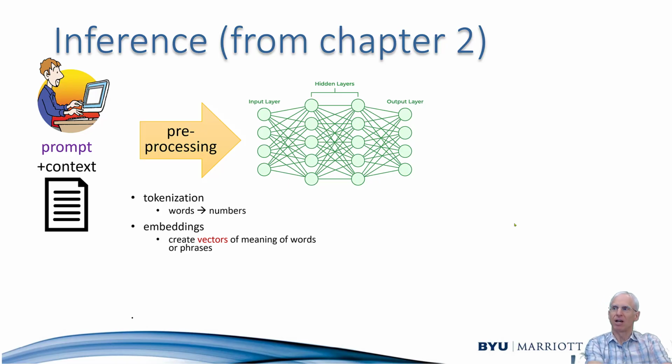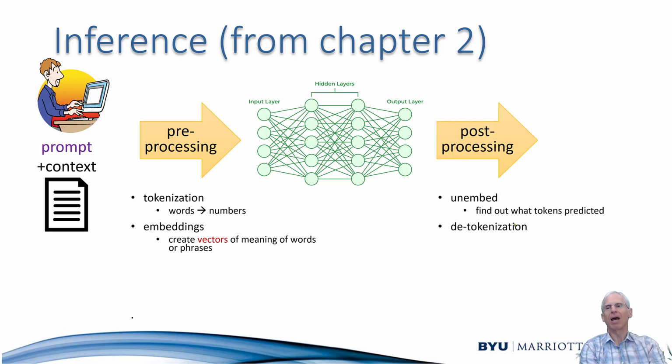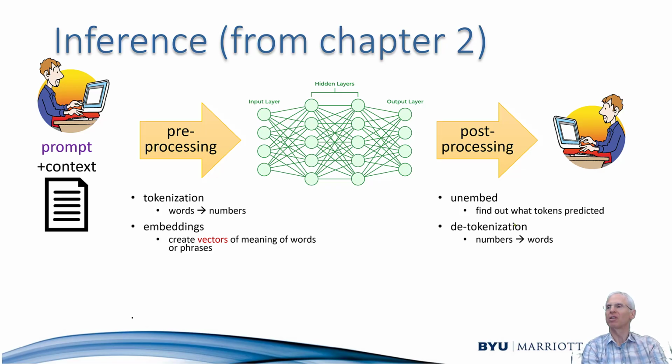I just want you to understand that as it goes through the network, we are looking for patterns, for features that indicate how a particular input might lead to a particular output. With the output, we then unembed, we detokenize, and eventually we get words back. That's your response, and that happens in seconds. It's a wonderful thing that it can happen so fast, thanks to the transformer architecture and parallelism.